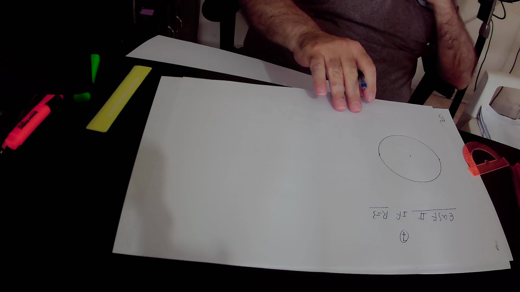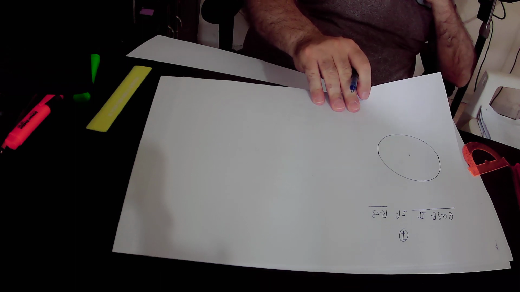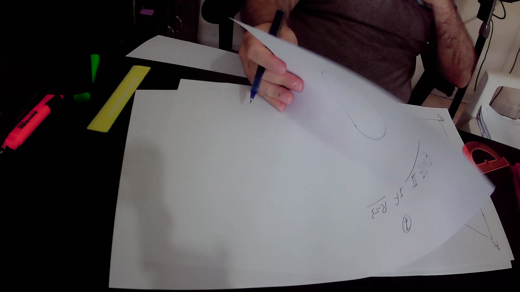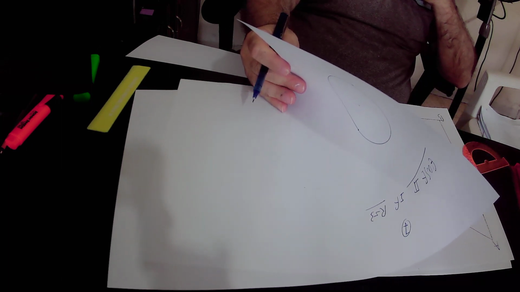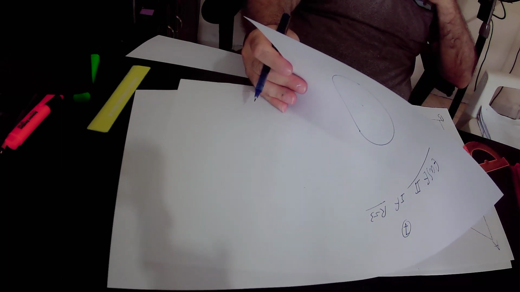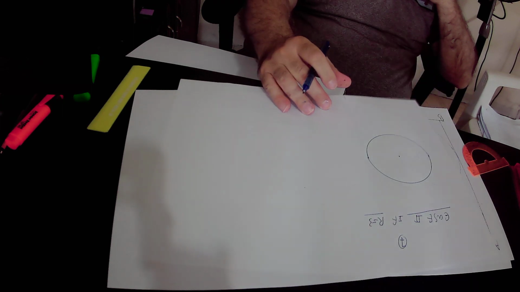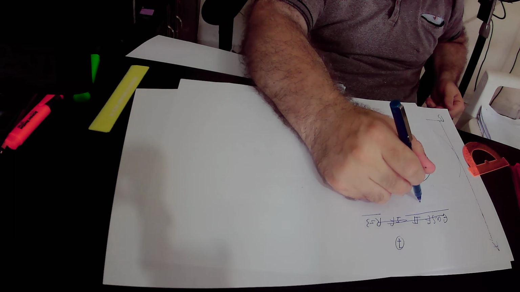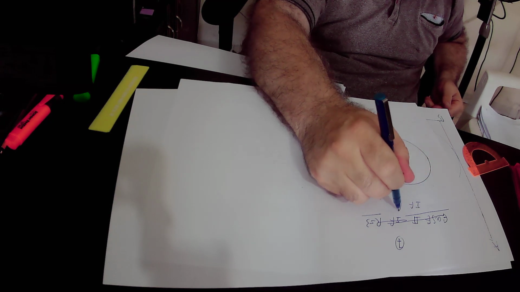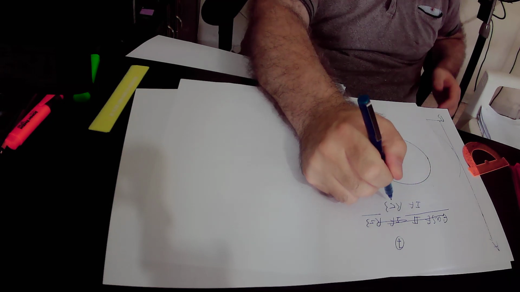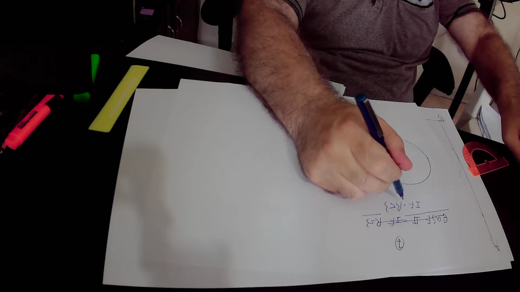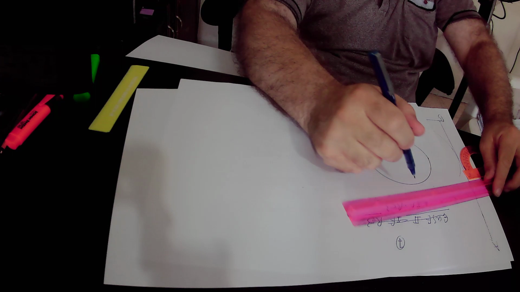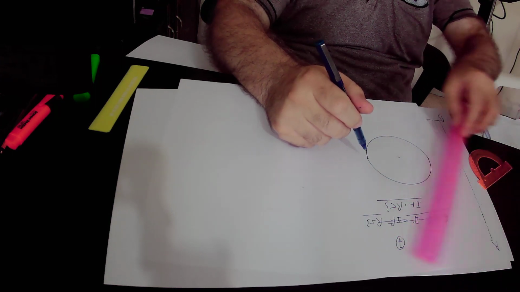Actually, I want to return to case 1: if R is less than 3 units. Then again in case 1, if R is less than 3 units, then we will have a radius that is less than 3 units.